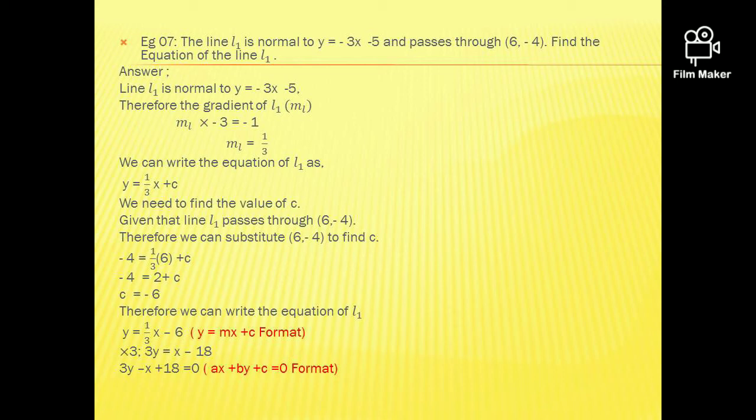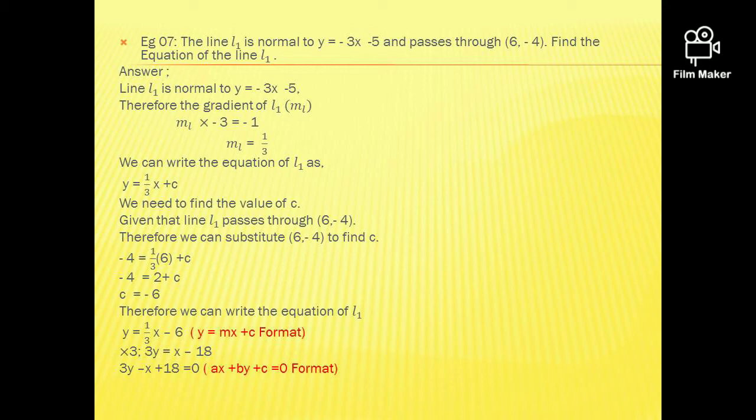If the two lines are perpendicular to each other, the product of their gradients must be minus 1. Then I will consider the gradient of line L1 as mL. We know the gradient of line y equals minus 3x minus 5 is minus 3. If you multiply mL by minus 3, you should get minus 1 from the previous theory. With that, you can get the gradient of line L1 as 1 over 3.